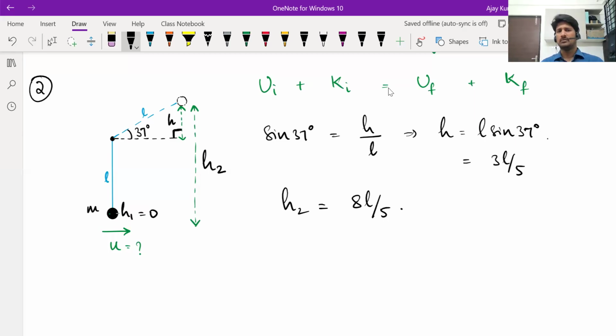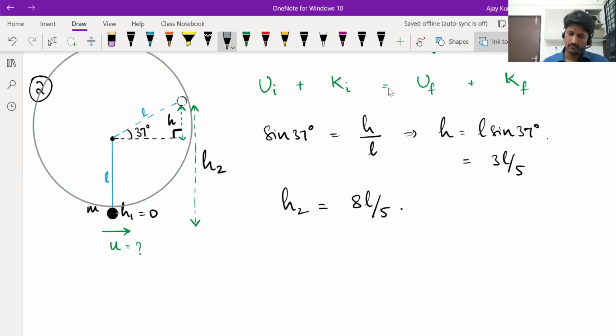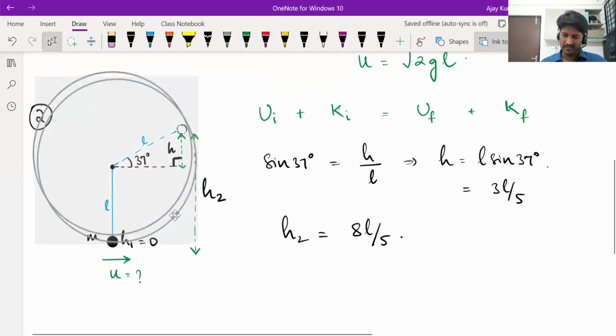What else do we know about the bob? We want the string to just reach that position. What else do we know about the bob? We need initial velocity. At least tell me this.